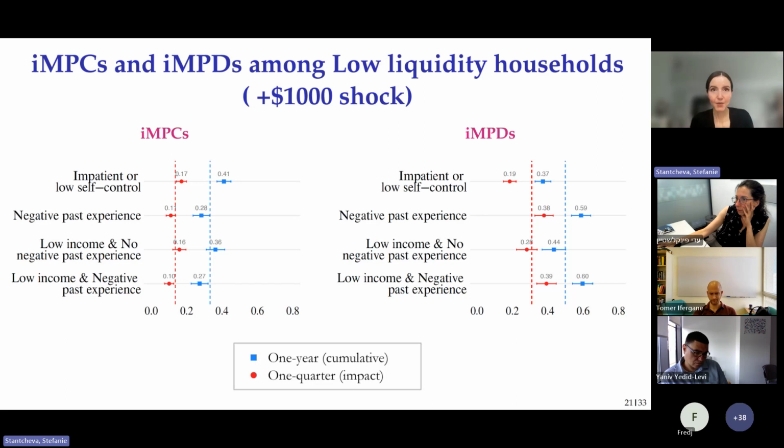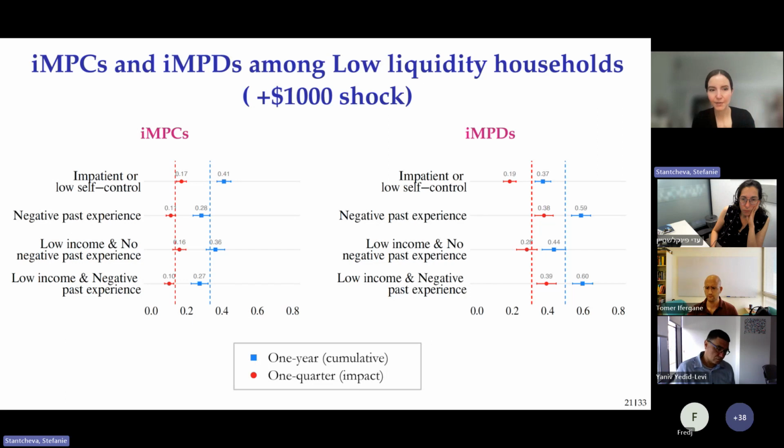What the slide shows here is it zooms in on low liquidity households only, but then distinguishes between those who are impatient or with low self-control, those who have had past negative experiences recently, defined as self-reported worsening in the household economic conditions over the past 2 years. And then we can also distinguish between those who have low income, and that's business as usual, so no negative recent experience.